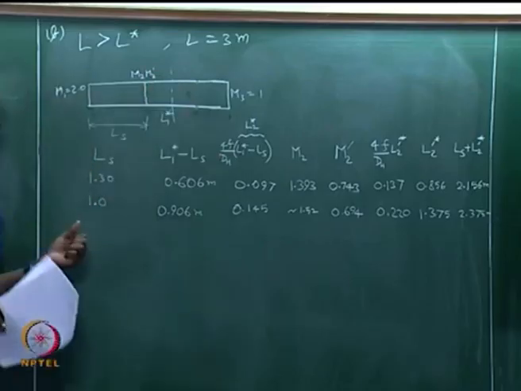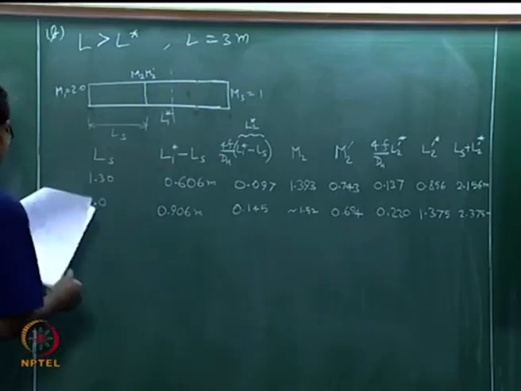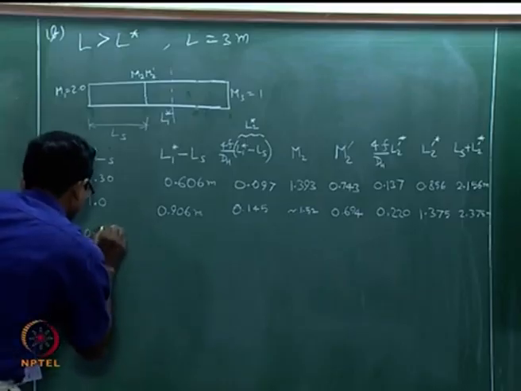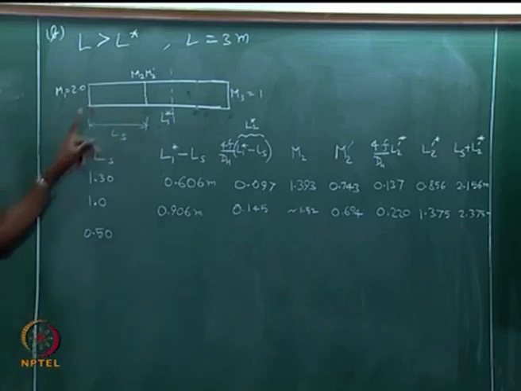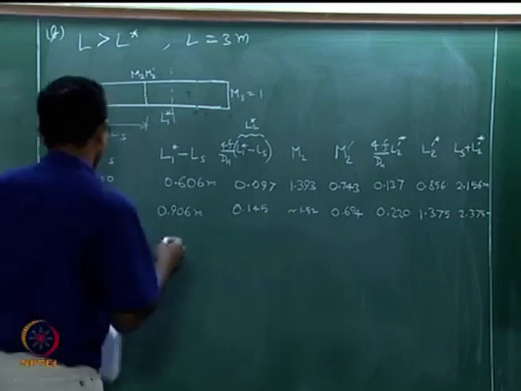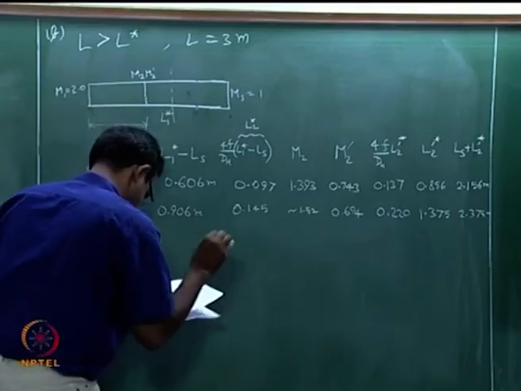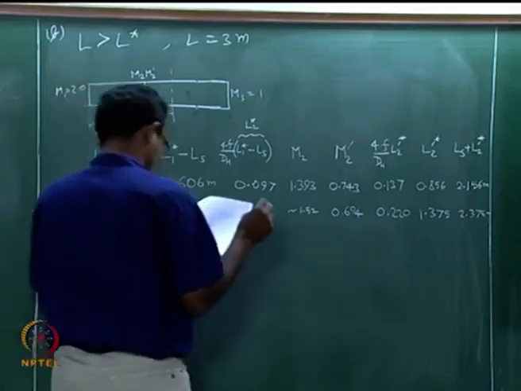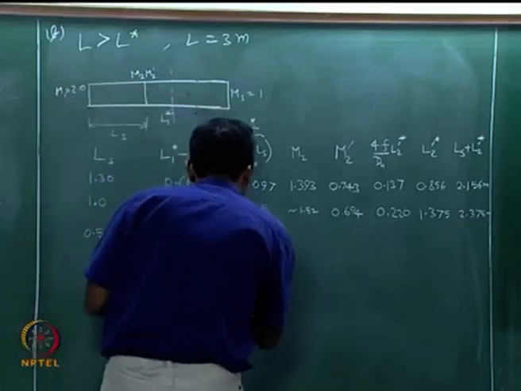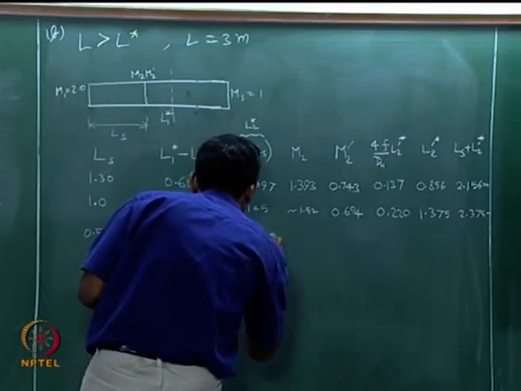So, I will change more drastically, I will make it 0.5. 0.5 meters, it has gone well ahead now. I will go through the same process, 1.406 meters. 4fL by D will give me 0.225.